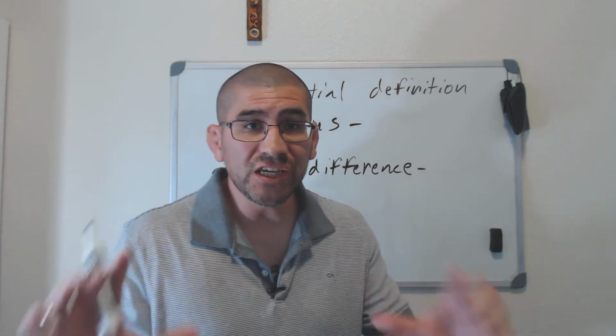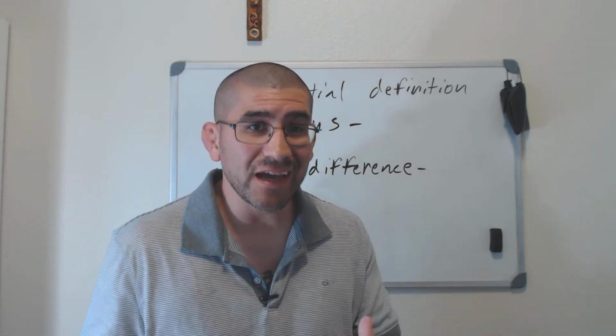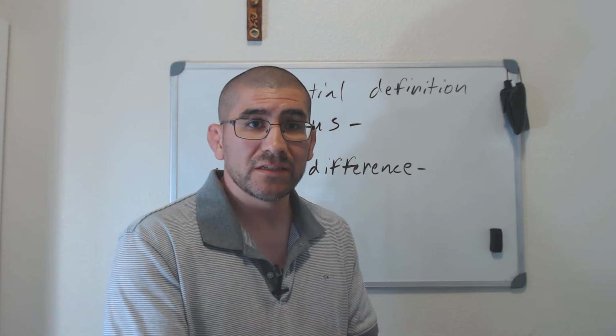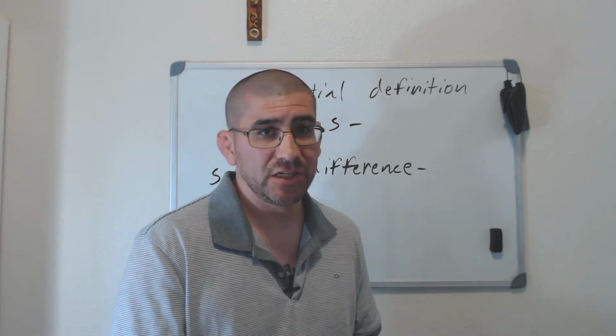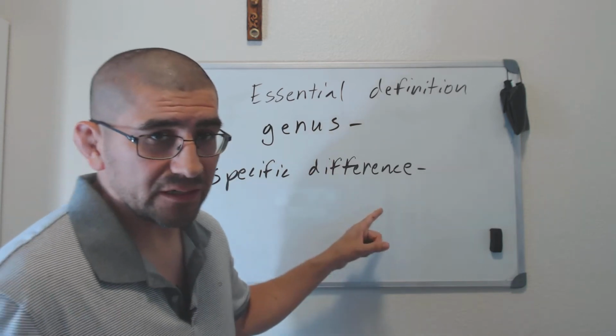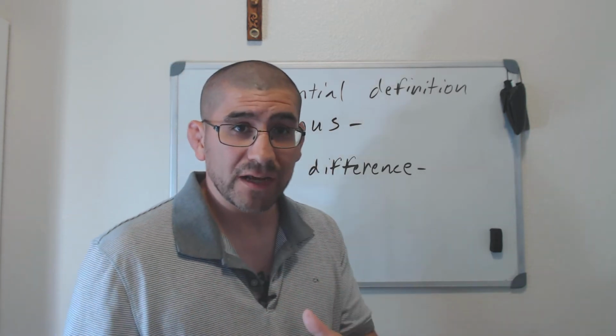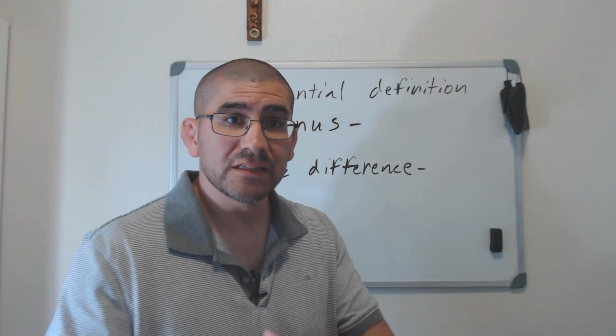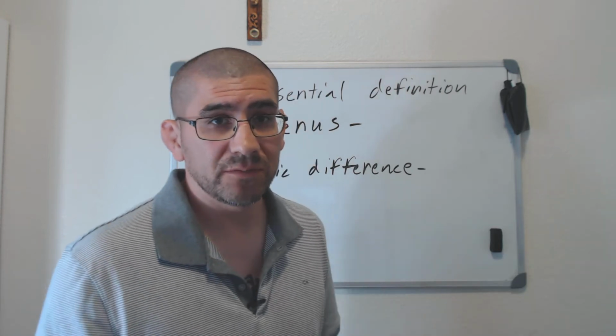Now, the genus is the general category to which something belongs. That is what a genus is. The specific difference, I'm not going to write that, so you may want to write that down. The genus is the general category to which something belongs.